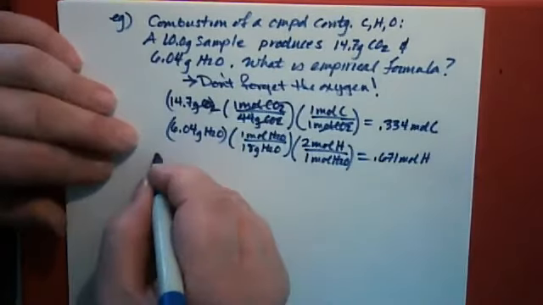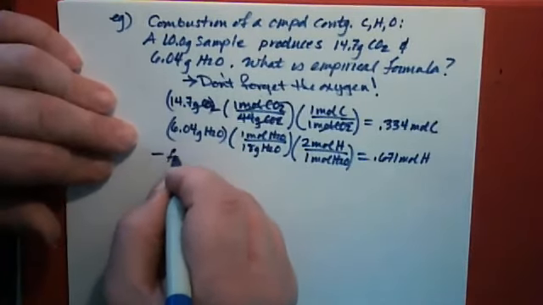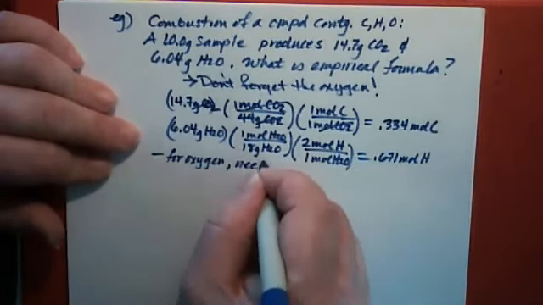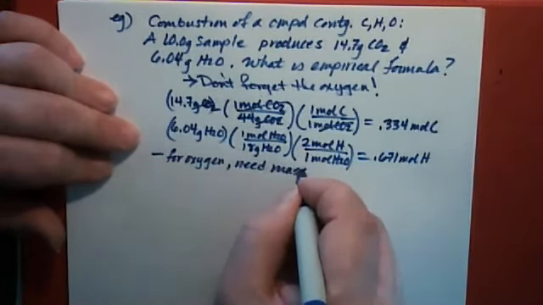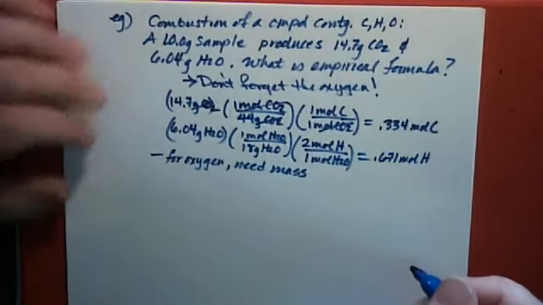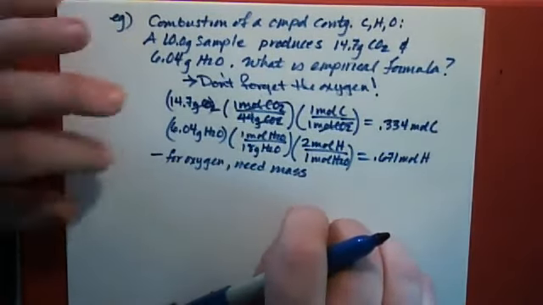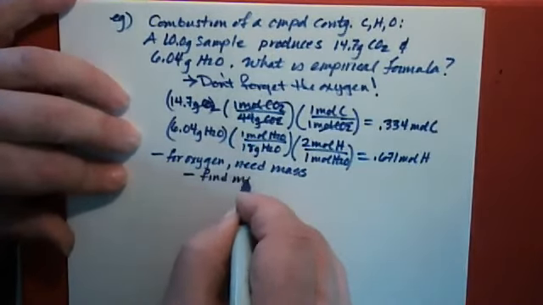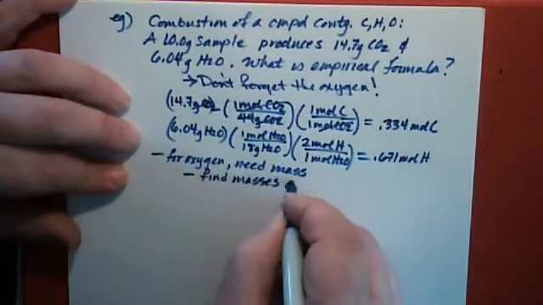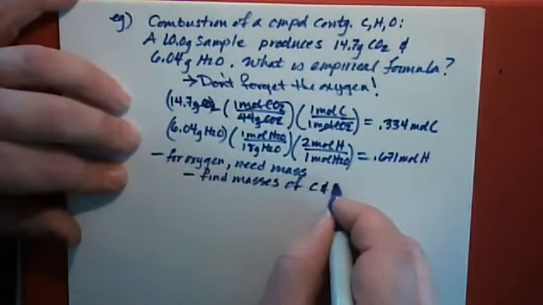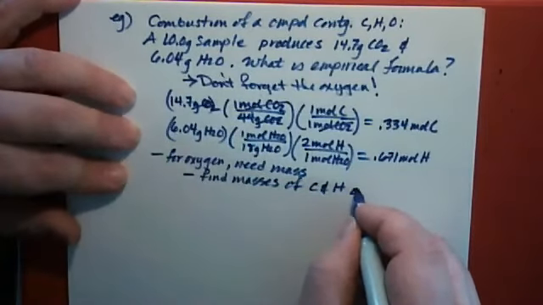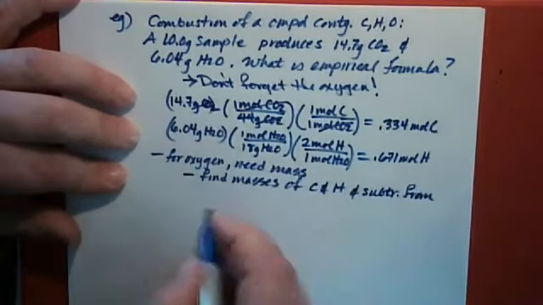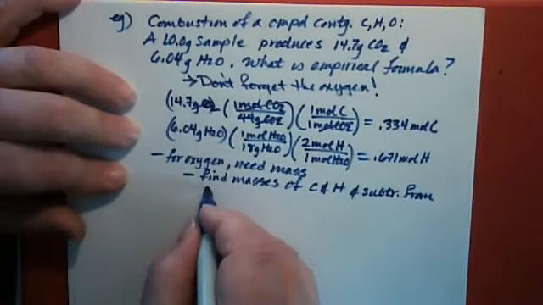And for the oxygen, we need the mass of oxygen. It didn't give us the mass of oxygen. So what we need to do is find the masses of carbon and hydrogen and subtract them from the mass of the sample.